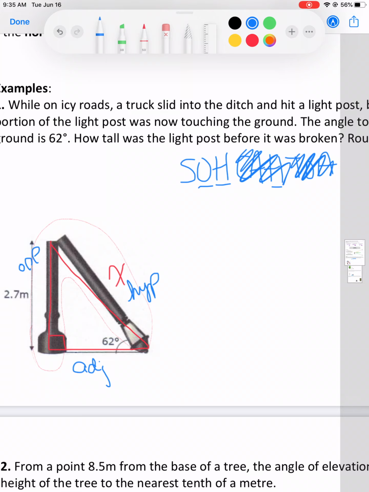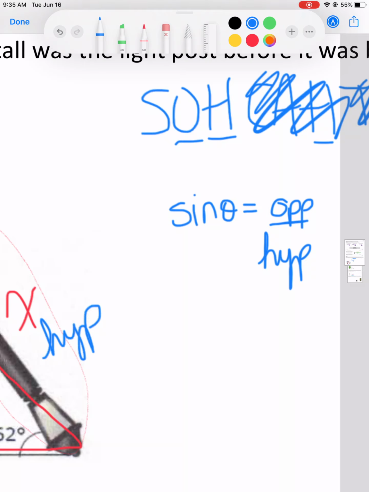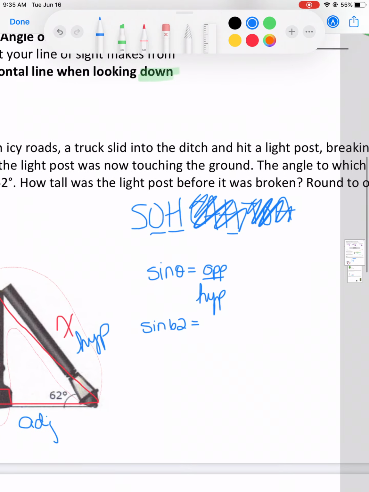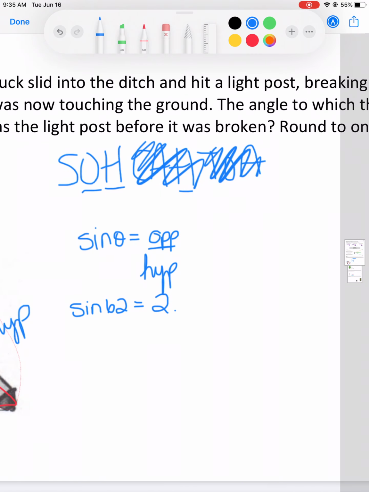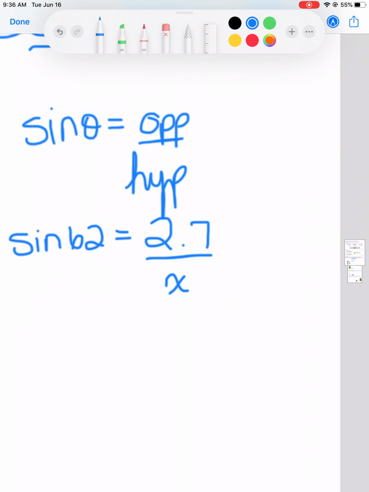Cos is gone. Sine theta is equal to opposite over hypotenuse. My theta is 62 degrees, my opposite is 2.7, and my hypotenuse is x. Because we're solving for a side, we're going to use our fish.